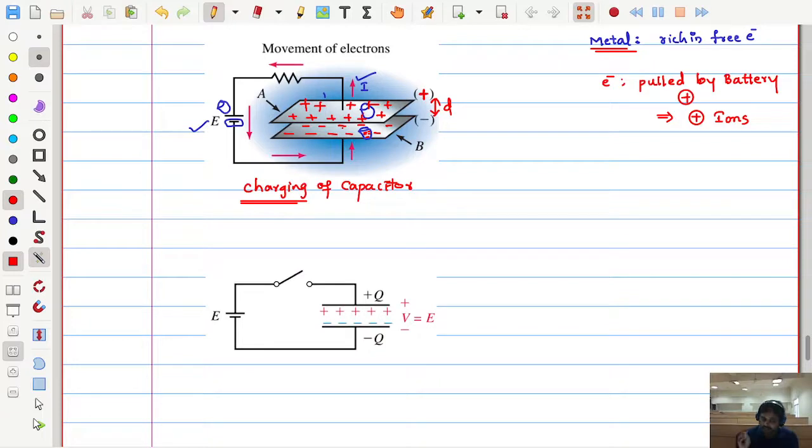So some amount of that charge separation is going to stay on the capacitor plates as it is. This staying of the charges plus q and minus q on the capacitor plates we call the capacitor storing energy, storing energy in the form of charge.